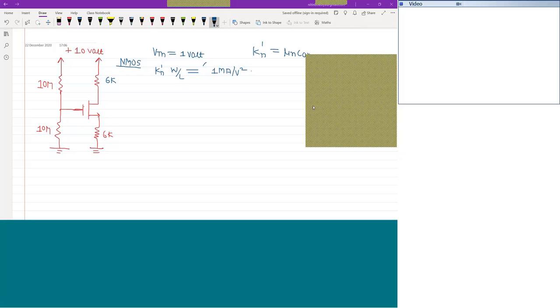Okay, so what else is given? Okay, nothing is given now. And we are interested in all voltages, calculate all voltages and currents.